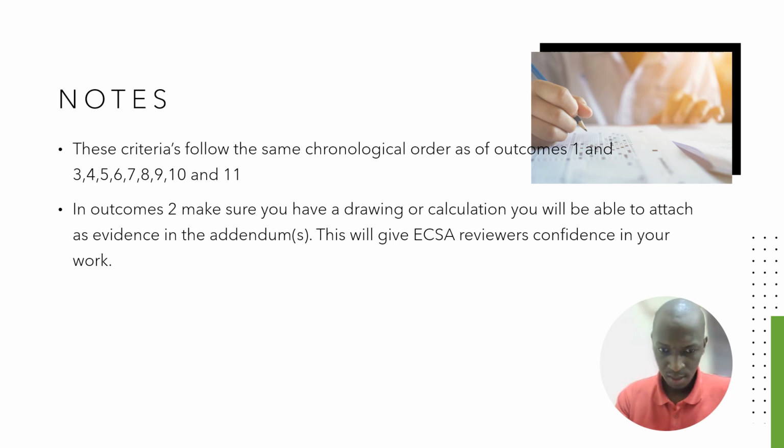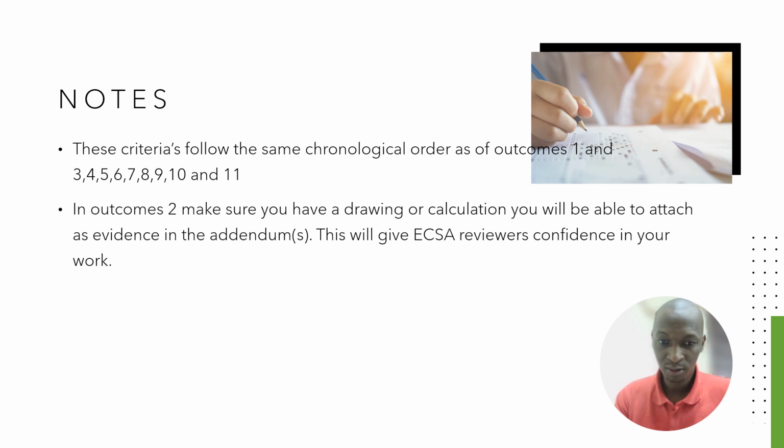So the notes that you can take is that these criteria all follow the same chronological order as that of outcomes 1 and for the rest of the other outcomes.